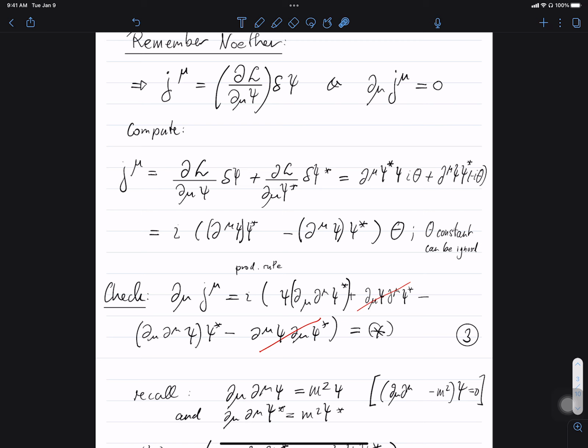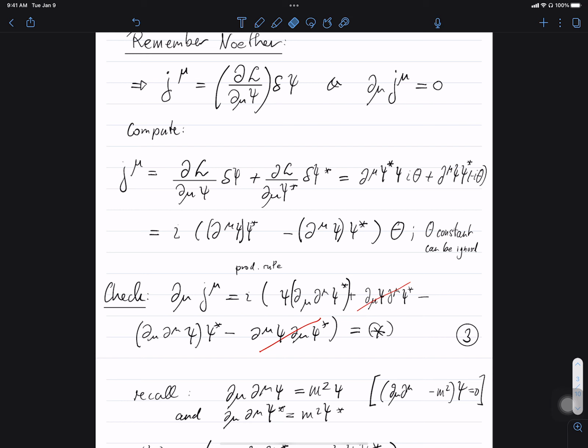And the next term is dL by d mu psi star. Because we have 2 degrees of freedom, psi and psi star, we have to also take the derivative with respect to psi star. And that gives us the d mu psi term times the variation of psi star, which is psi star times negative i theta, because here e to the i theta star was equal to e to the minus i theta, so the variation is minus i theta.